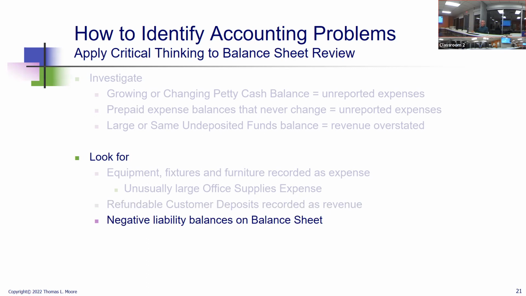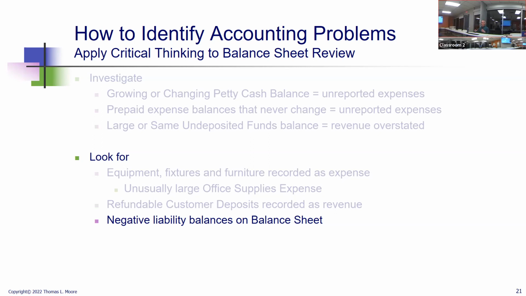Negative liability balances on the balance sheet. If you have a negative liability balance, whether it's a current liability or a long-term liability, you should look at that closely. If it's a negative balance, something has gone wrong. You've got some sort of balance sheet transaction error.